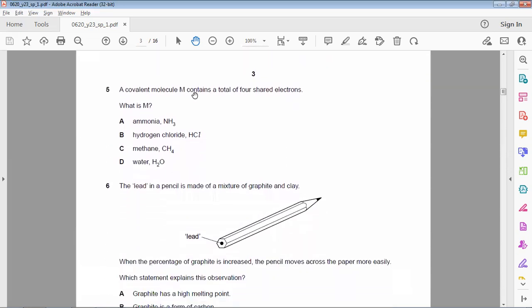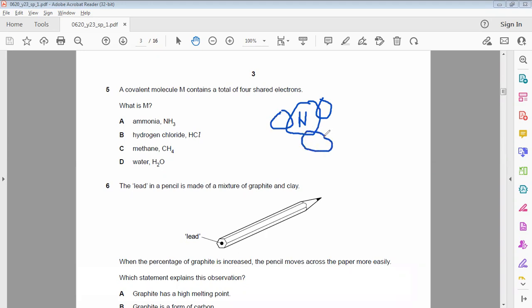A covalent molecule M contains a total of 4 shared electrons. What is M? All right, let's draw the dot and cross diagram for each. So first of all, NH3. N is in group 5, and there are 3 covalent bonds with hydrogen.